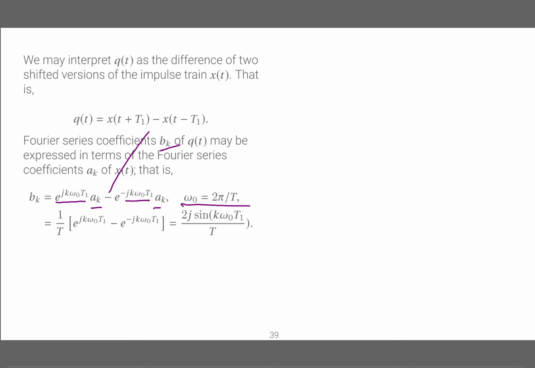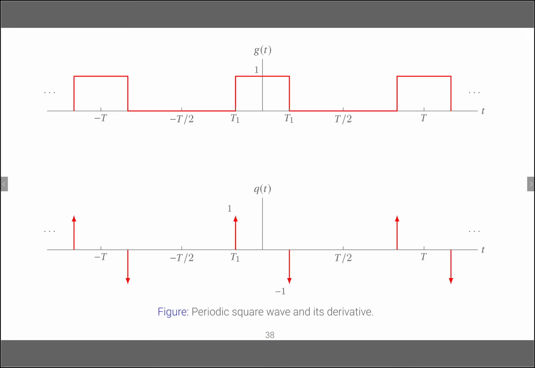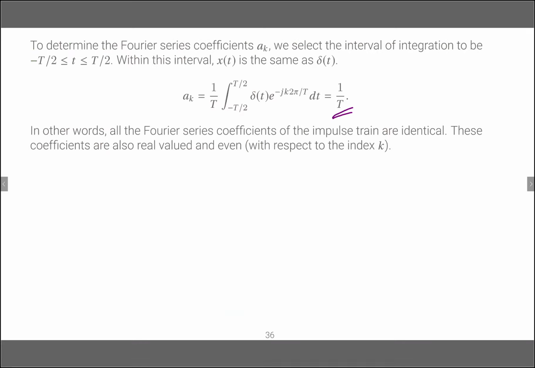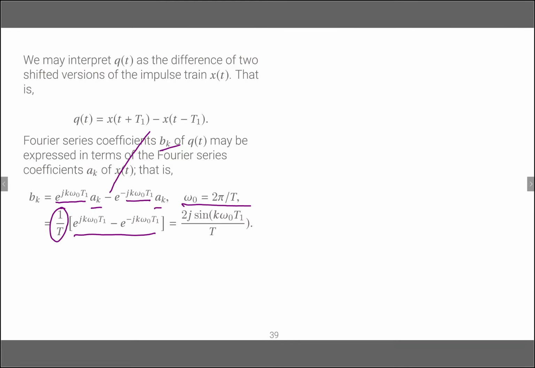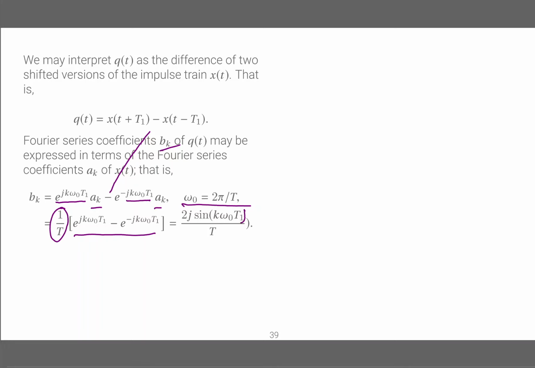So omega naught is 2 pi over T. So therefore you have this, and then we know that for x(t), which is the impulse train, the Fourier series coefficients turn out to be 1 over T, right here. So when you combine this, we see that from Euler's relation, we can write it as a sine k omega naught t1.